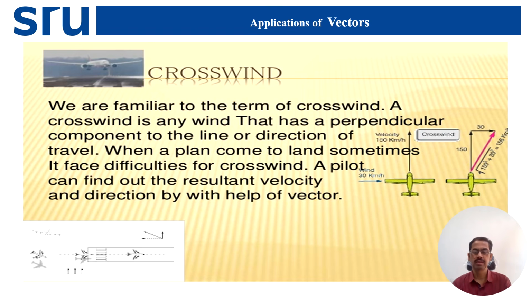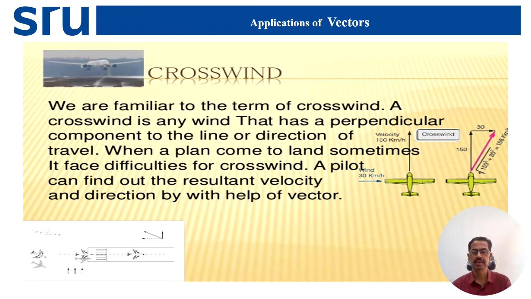The aeroplane's speed is in one direction and the wind direction is another direction. There is a crosswind, right? It faces difficulties because of the crosswind. A pilot can find out the resultant velocity. So at that time, the pilot must take care in landing the aeroplane, and the direction, with the help of a vector.